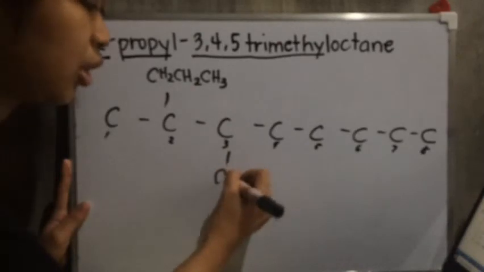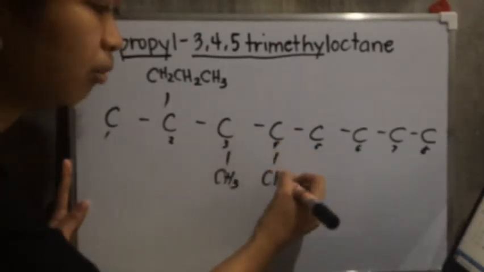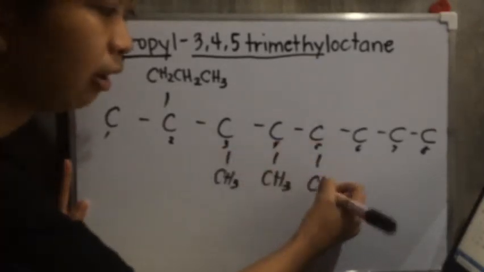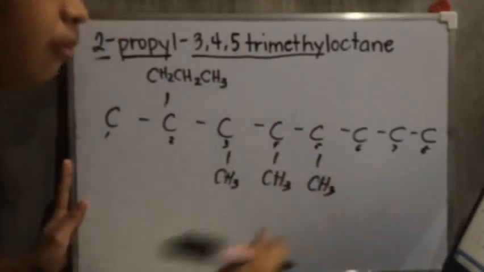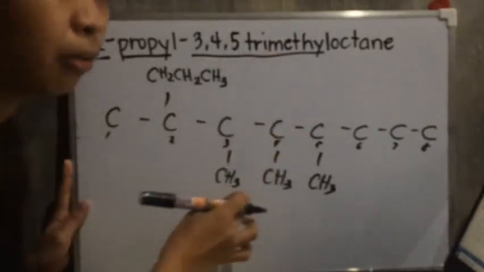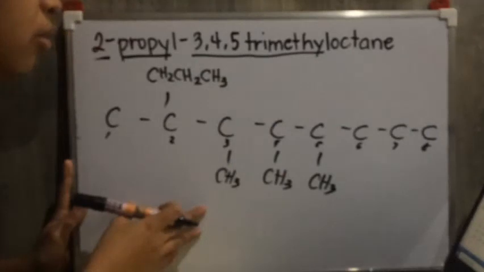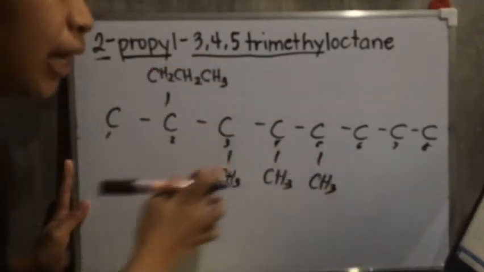So, CH3 meron si number 3, meron din si carbon number 4 ng CH3, and meron din si carbon number 5 ng methyl, CH3. So, trimethyl. Bakit tri? Kasi merong 3. Okay na tayo sa 2-propyl, 3,4,5-trimethyl.